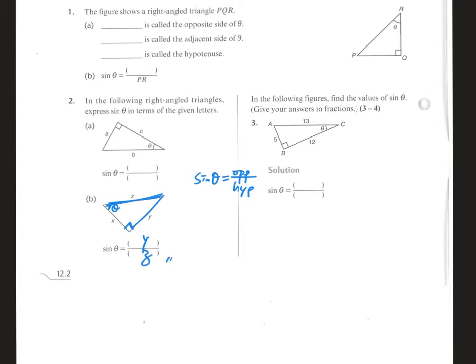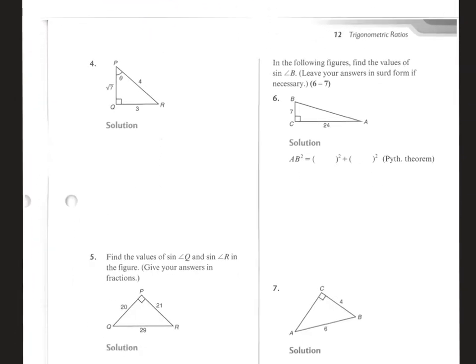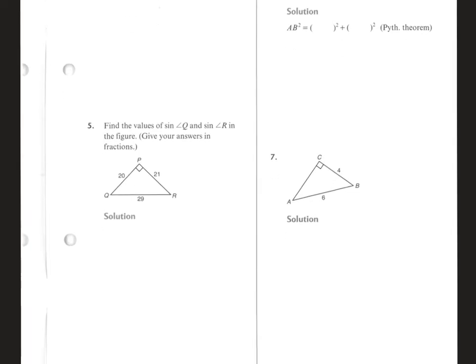Similarly, let's go to number 5. It's asking about sine angle Q and sine angle R. It's talking about different angles, so this time we don't use theta. Angle Q is here.